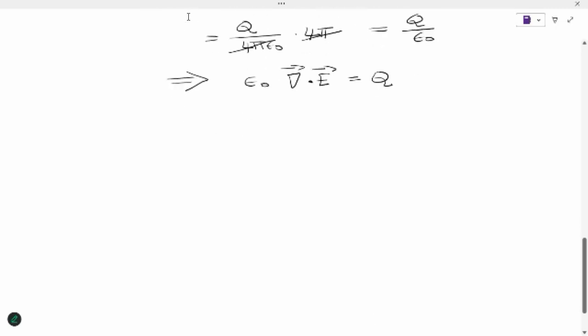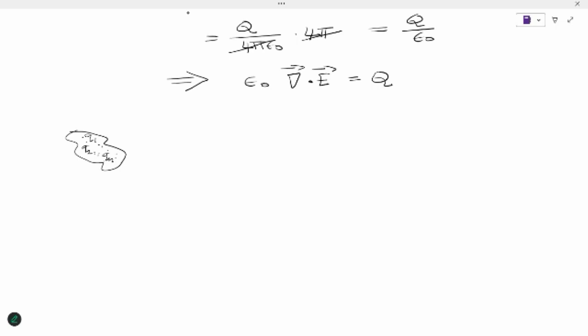Now, if we have a collection of electric charges, let's suppose Q1, Q2, dot dot dot Qn.